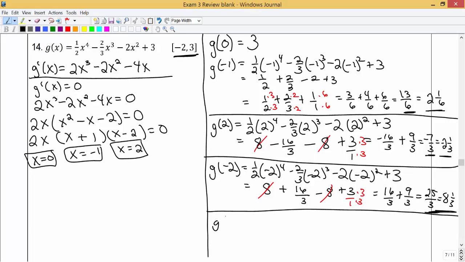And then lastly, we're going to put in g of 3. Okay, this gives us 81, and half of 81 would be 81 over 2. And this is going to be 27 times negative 2/3, that would be negative 54 over 3. This would be 9 times 2, that's minus 18 plus 3.